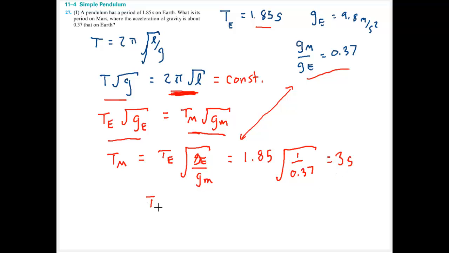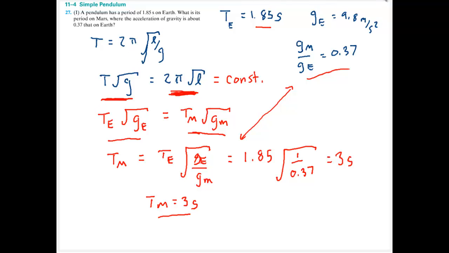So the period on Mars is going to be equal to 3 seconds, and that makes sense. The gravity on Mars is less, so it should take a longer time to make one full revolution. The period should be longer on Mars, knowing that the period multiplied by the square root of gravity must be a constant.